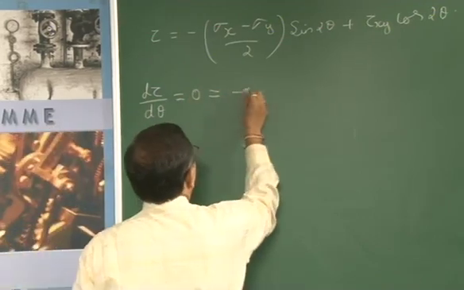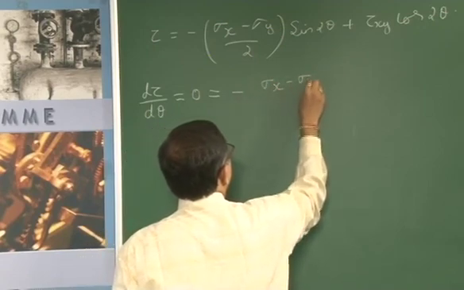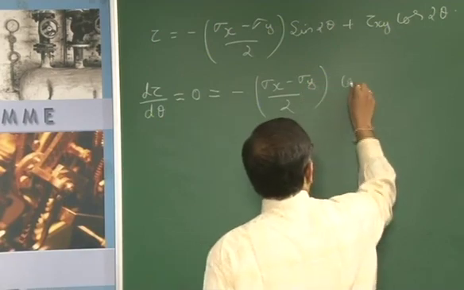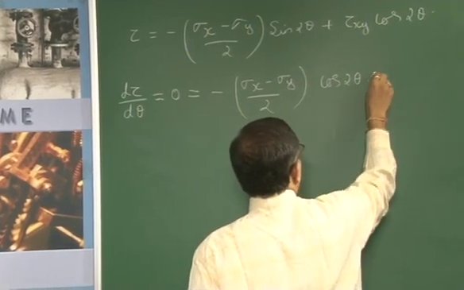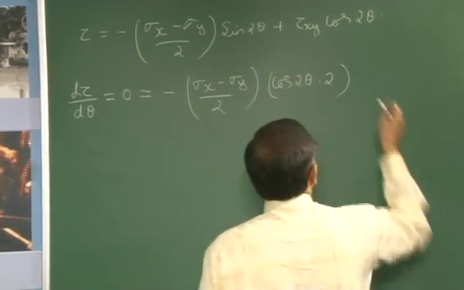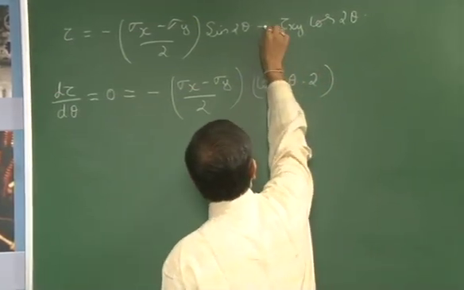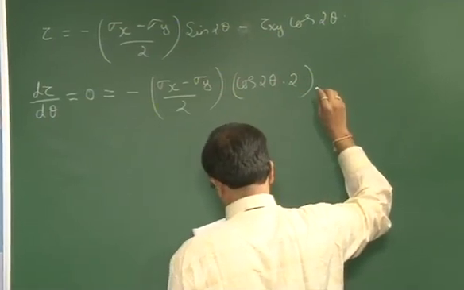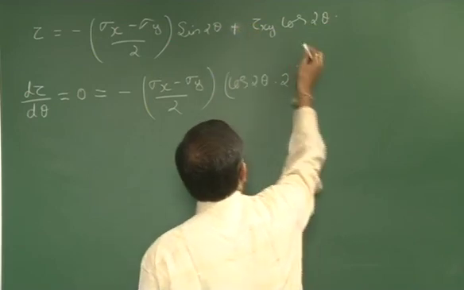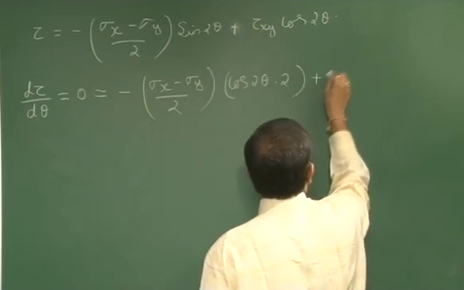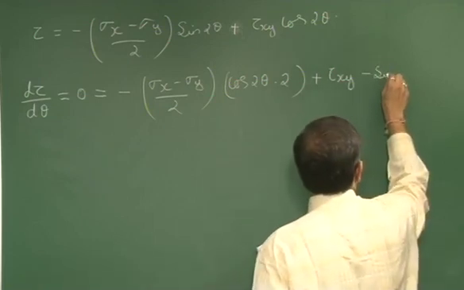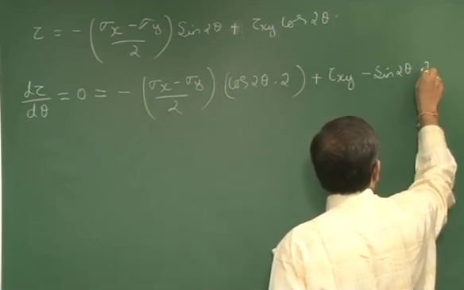This is equal to minus (sigma x minus sigma y) by 2 into sin 2 theta differentiates to cos 2 theta into 2 with a positive sign. We have, oh sorry, this is negative. So no, this is positive. When I resolve this, plus tau xy cos 2 theta differentiates to minus sin 2 theta into 2.